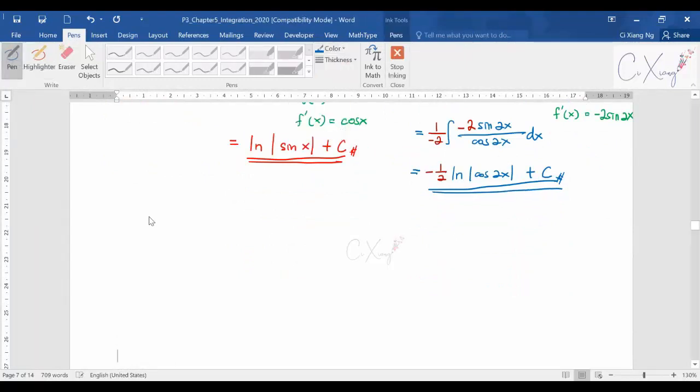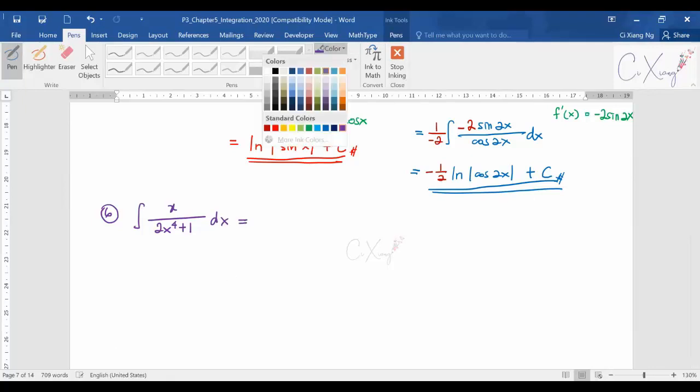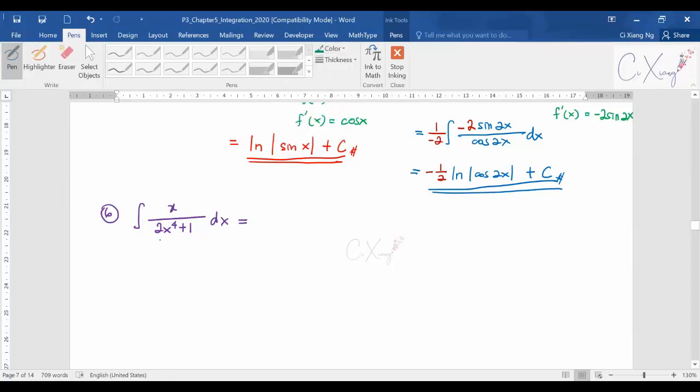Let us have a try for this one. Question number 6, maybe. How about this? Let's say I have x divided by 2x power 4 plus 1. If I want to do this integration, what can I do? Again, first of all, I will ask students to double check whether it belongs to the f prime x over fx pattern or not.